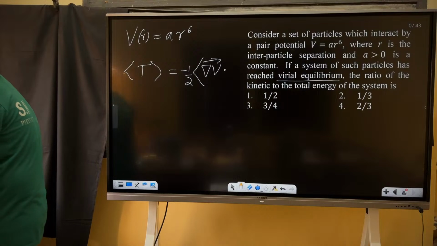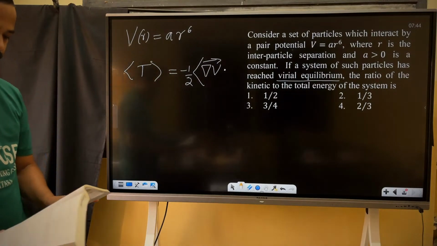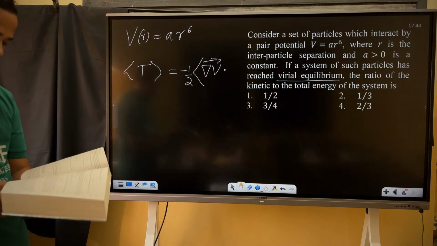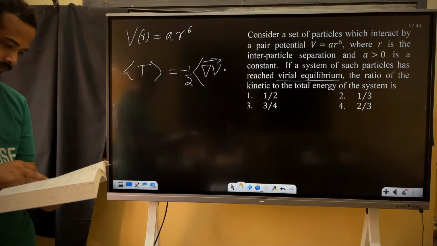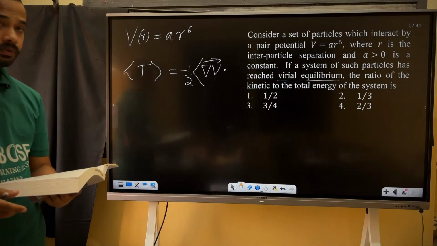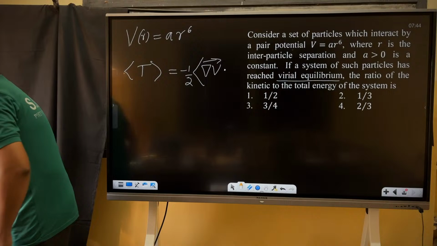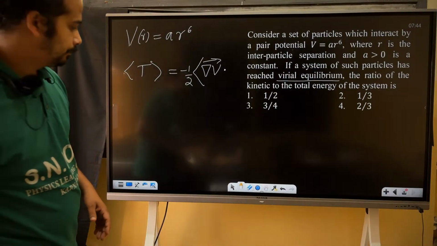In whole central force, no negative sign.